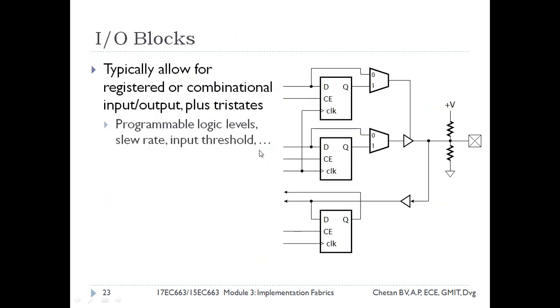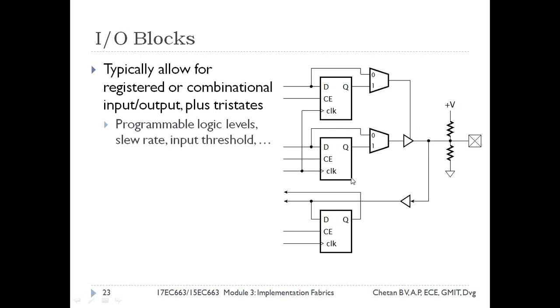Next is IO blocks. So this is the diagram of a typical IO block architecture. In this we can see the 3 parts. The first part, which has register and multiplexer, this first part controls this output tri-state driver.